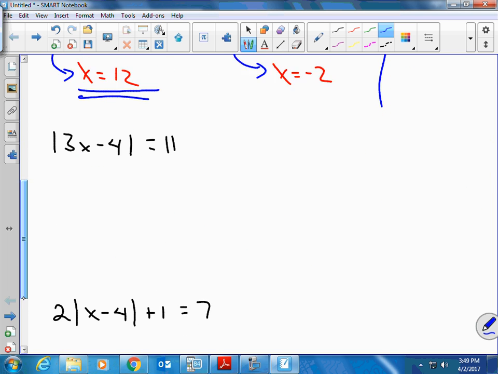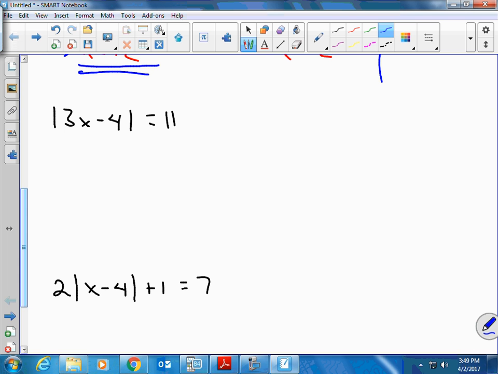All right, let's get a little messier. Take my expression and split it into 2. Whenever you feel like you've got it, just hit pause, and you take off and solve it and come back and check and see if you got it right. All right, I'm going to take the 3x minus 4, what's inside the expression, and set it equal to the 11.